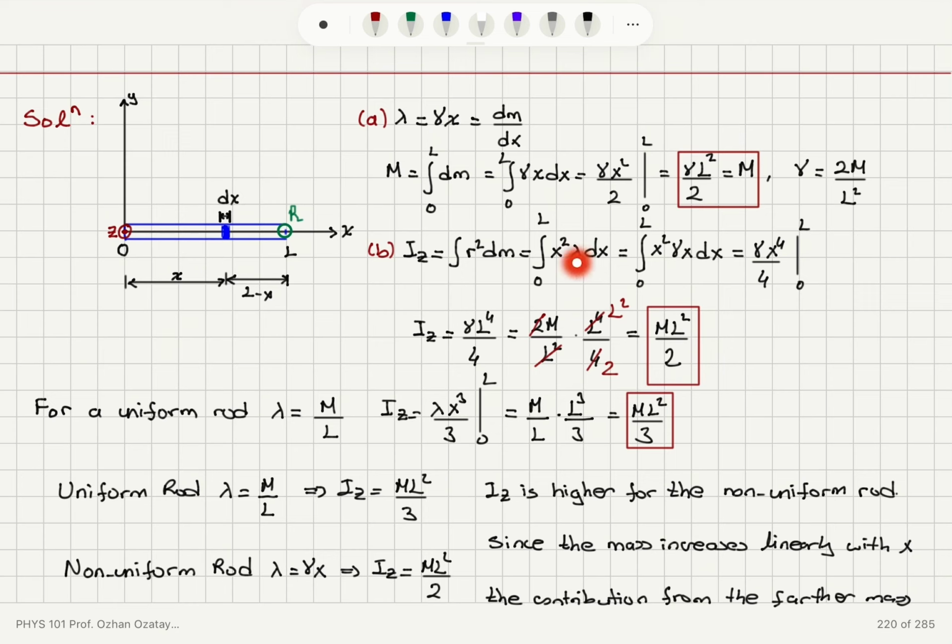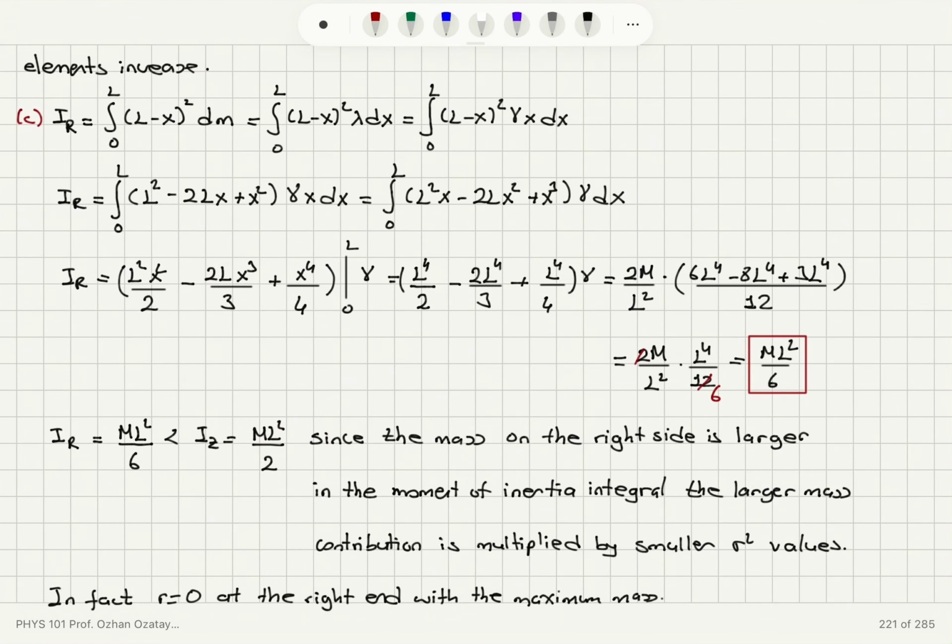For the uniform case, where lambda comes out of the integral as capital M over L, it's mL squared over 3. So we see that the non-uniform rod has a higher moment of inertia because it has larger masses at larger distances, so larger contributions from the farthest masses.